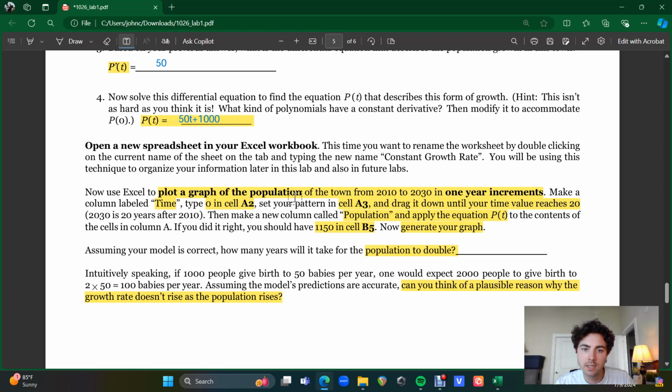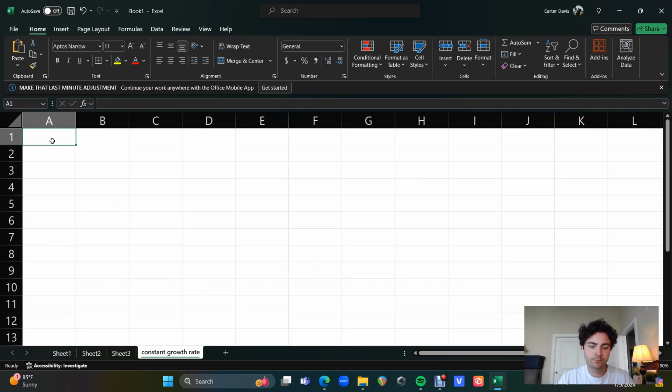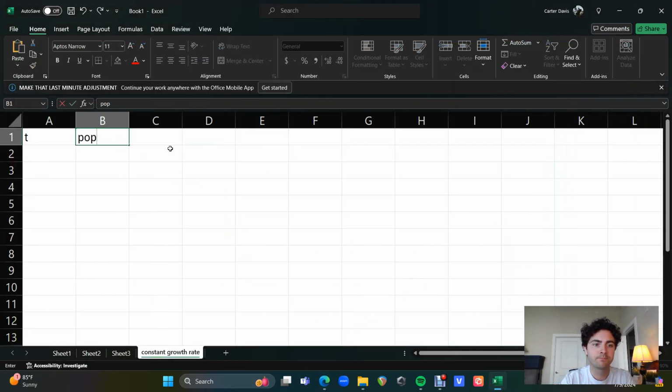Open a new spreadsheet. We're going to do t values in A2, so time in A2, and then we're just going to apply this function, this mx plus b, this linear equation in B. We'll call it constant growth rate, or just pop, for population.